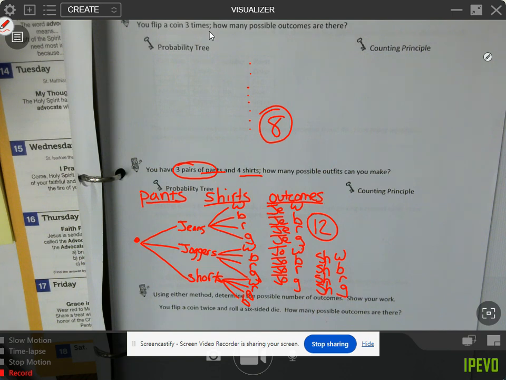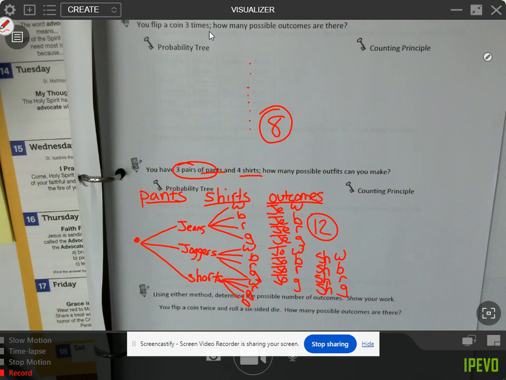All right, so some of us were saying, hey, it's a lot of work we have to go through. Those probability trees, whew. Sometimes it's important that we know the different actual combinations. A lot of times we just want to know how many.